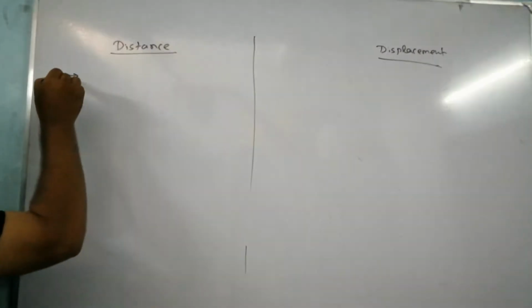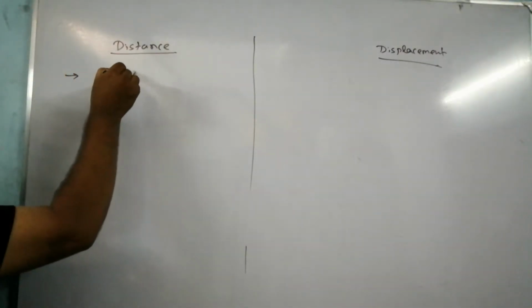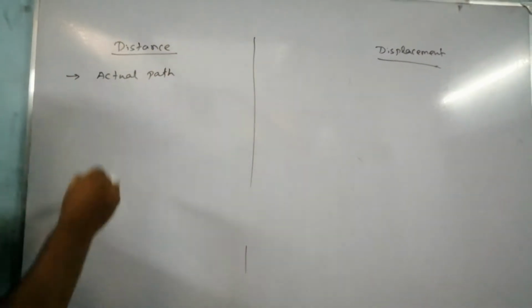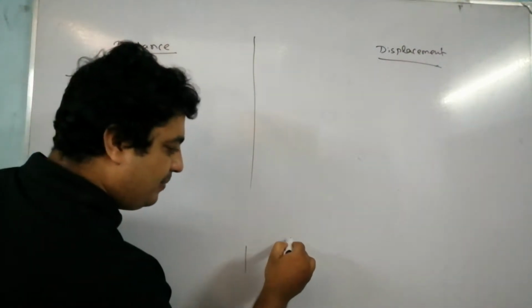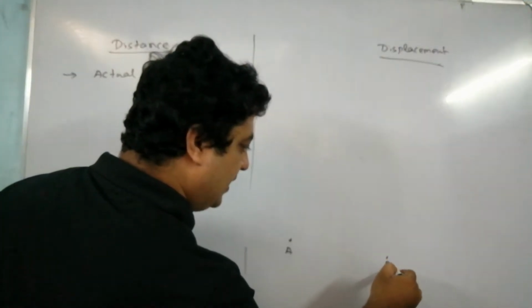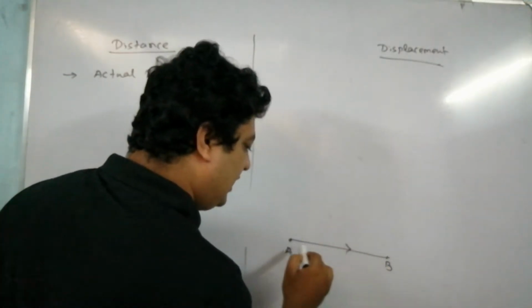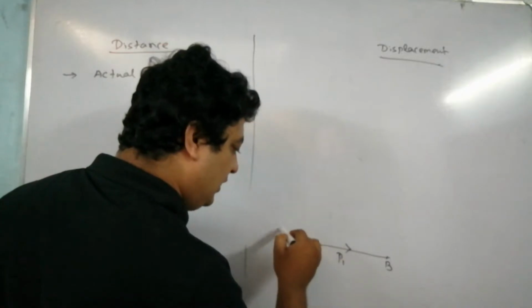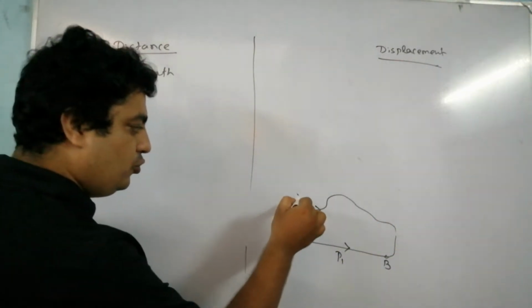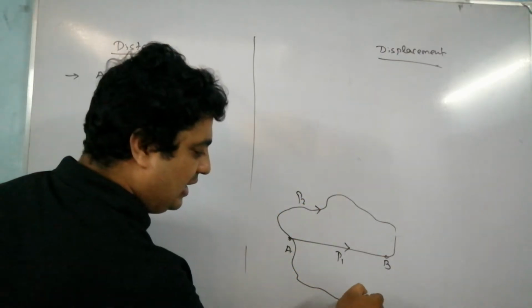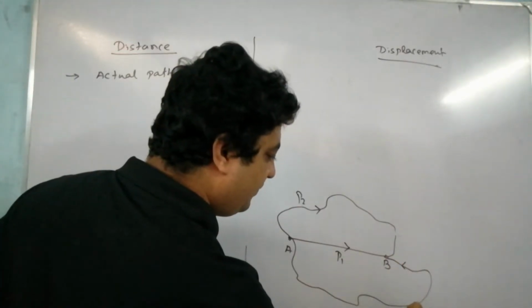So, distance is the actual path traveled by a body. Consider a body moves from A to B. So, it can move along the path 1, it can move along the path 2, it can move along the path 3.